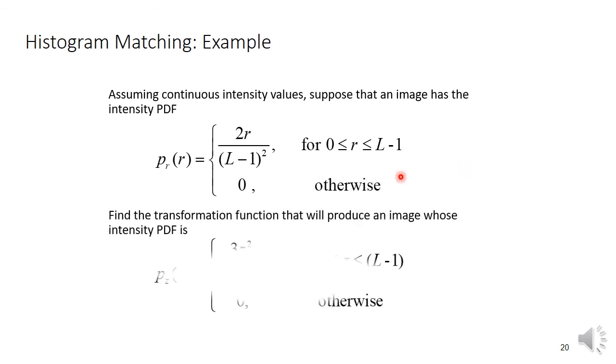We have to find the transformation function that will lead us to an image whose intensity PDF is another one: p_z(z) equals 3z square over (L minus 1) cube for all values from 0 to L minus 1, and it is 0 for all other values.